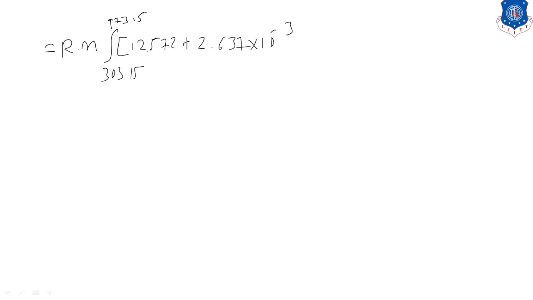By rearranging this equation, we will get R into N integration from T1, which is 303.15 Kelvin, to T2, which is 973.15 Kelvin, of Cp upon R, which is 12.572 plus 2.637 multiplied by 10 raised to minus 3 into T minus 3.12 multiplied by 10 raised to 5 whole T raised to minus 2, into dT.